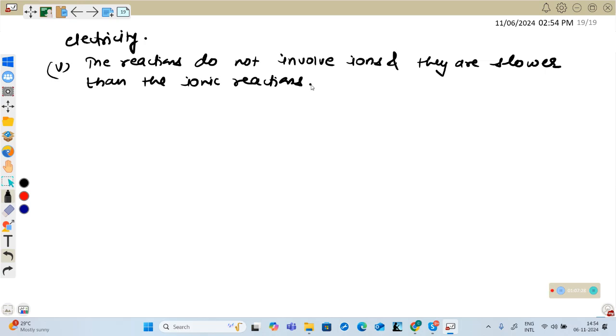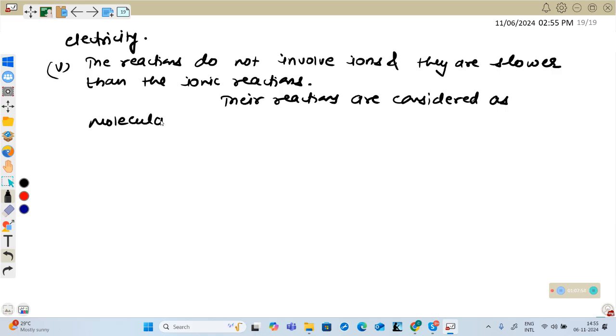It's not like the molecule takes part in the chemical reaction as such; the molecule will first split into atoms and then those atoms will take part in the reaction. But to distinguish it from the ionic reactions, they are called molecular reactions.